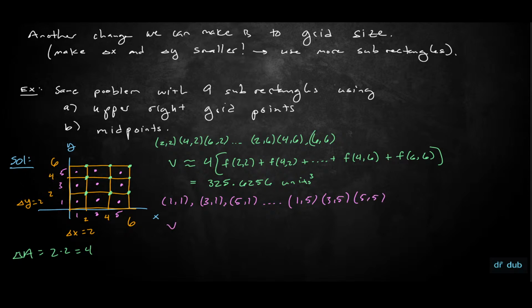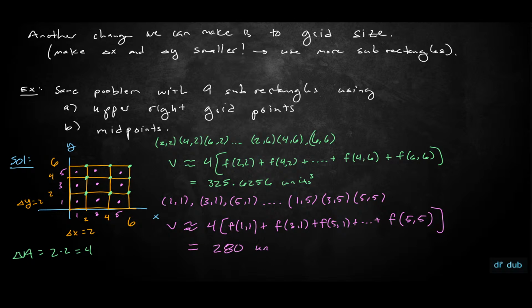And then our volume is going to be approximately delta A, which is 4, times f of (1, 1) plus f of (3, 1) plus f of (5, 1) plus dot, dot, dot, f of (5, 5). And again, we just crunch that in our function. Add them all together, we get 280 units cubed.